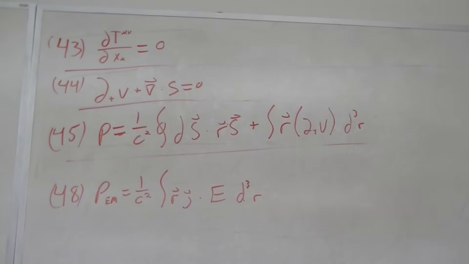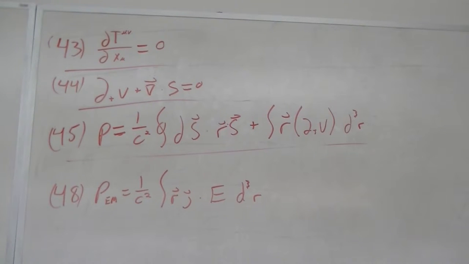S in equation 44 is the energy flux vector, and U is the energy density. Equation 45 is just the momentum density way to write that. And in 45, S vanishes as the surface is taken to infinity.